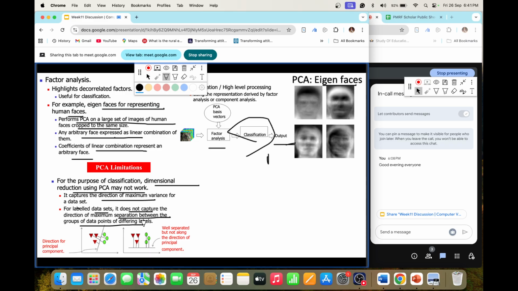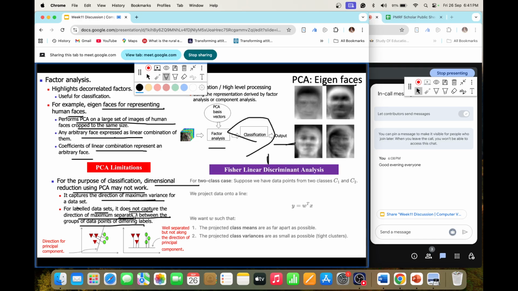Though PCA captures the direction of maximum variance of the dataset, it does not capture the direction of maximum separation. When we are separating two classes, it will not give us the separation between the groups of data points with different labels.